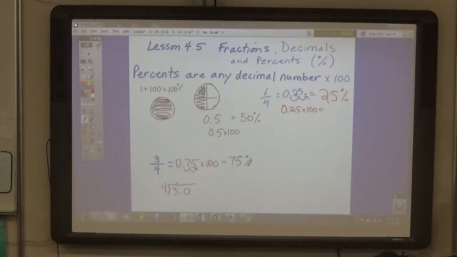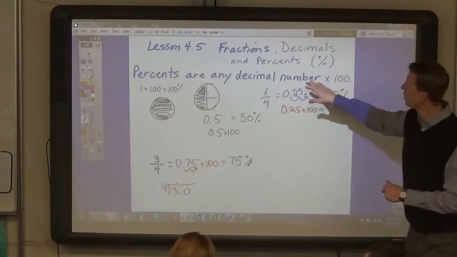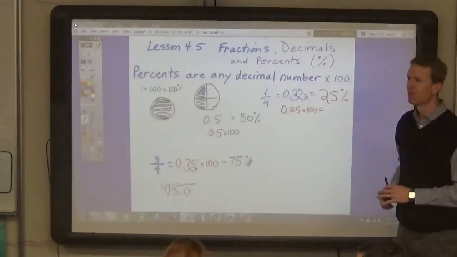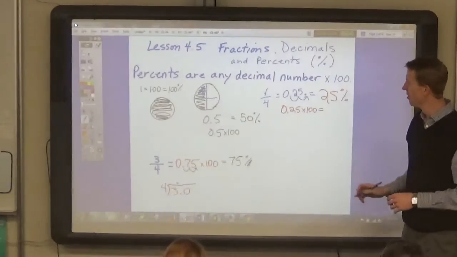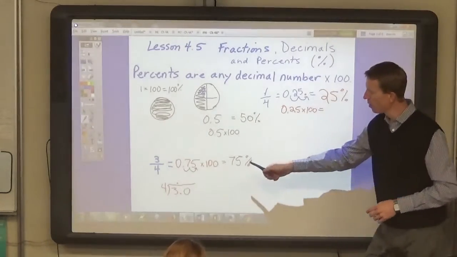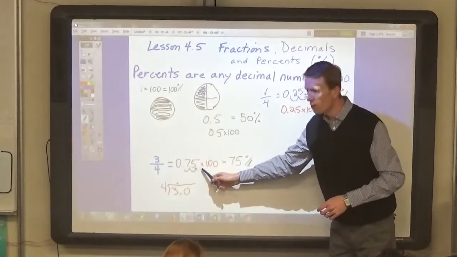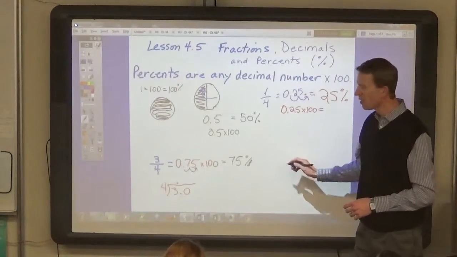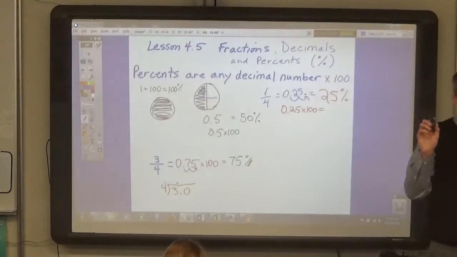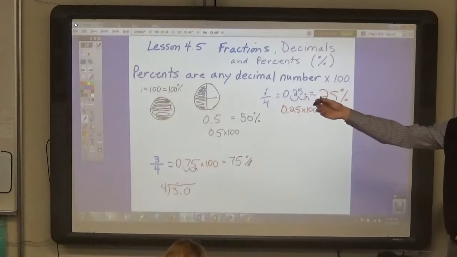Question number 3, how do you change a percent back to a decimal? How do you undo multiplication? Divide it by 100. And if you're moving the decimal place 2 places to the right when you multiply, then to divide by 100, you move the decimal place 2 places to the left.